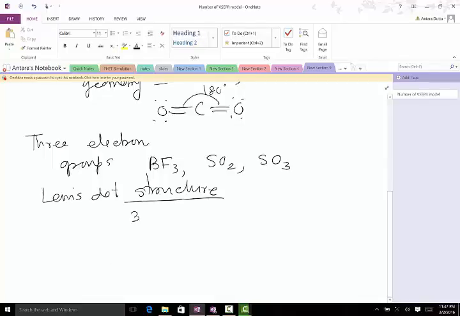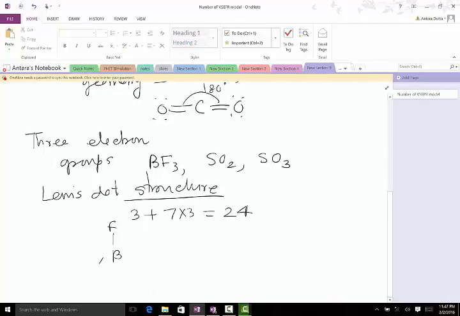BF3, boron 3 plus fluorine 7 times 3, total 24 electrons. If you satisfy the fluorine with 8 electrons, you will see all 24 electrons are consumed, so boron doesn't get anything on the central to satisfy the octet.